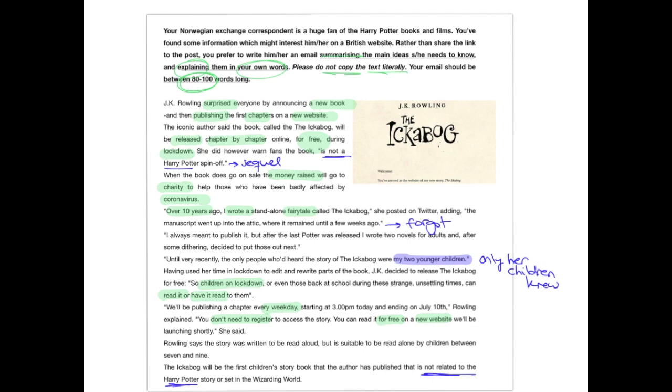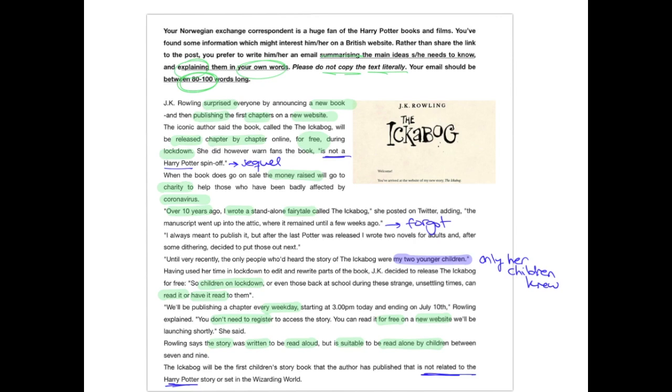This is the same information we already know. Story written to be read aloud, suitable to be read alone by children. Okay, and again, this is information we already know. So that was the first step. Highlight relevant information. Let's go for number 2.